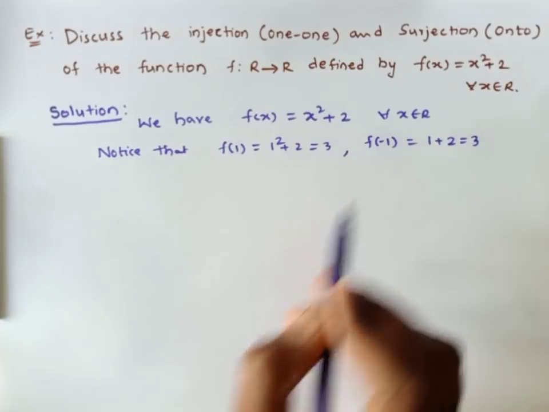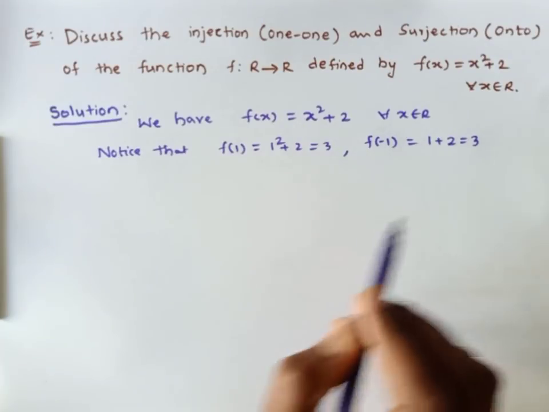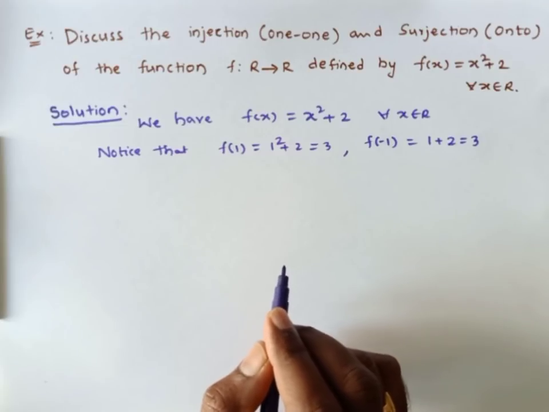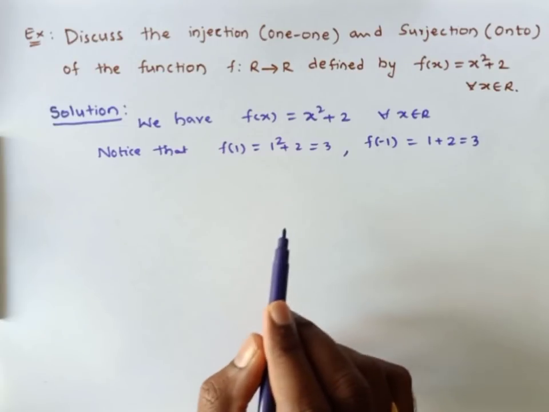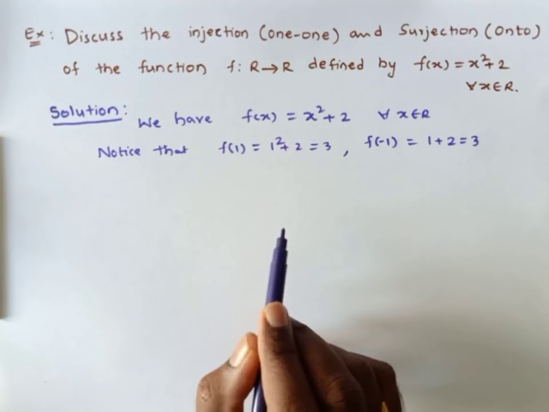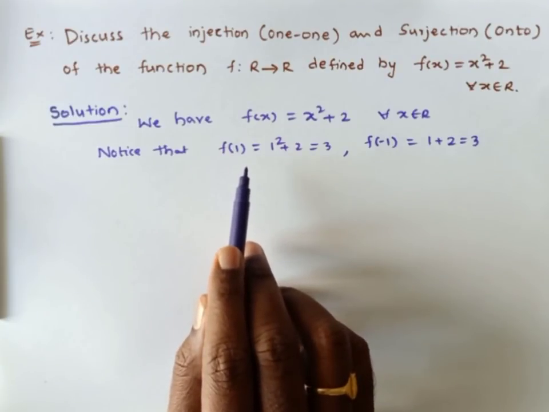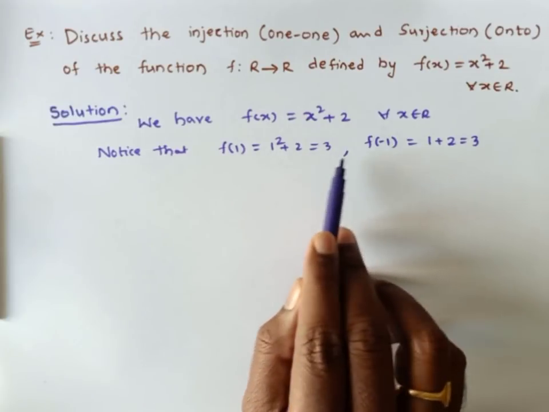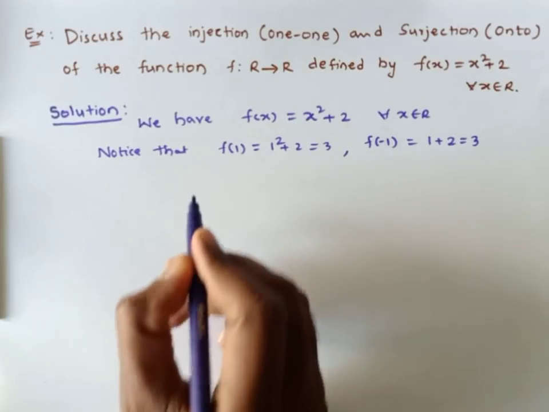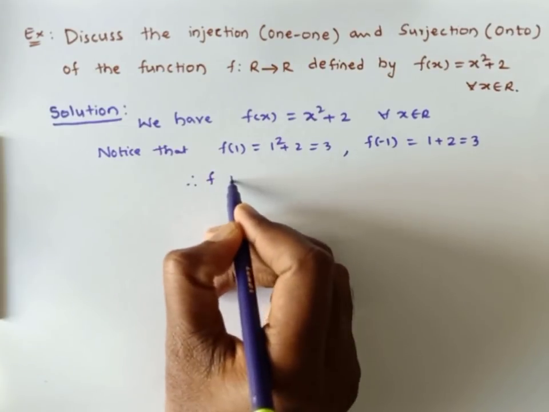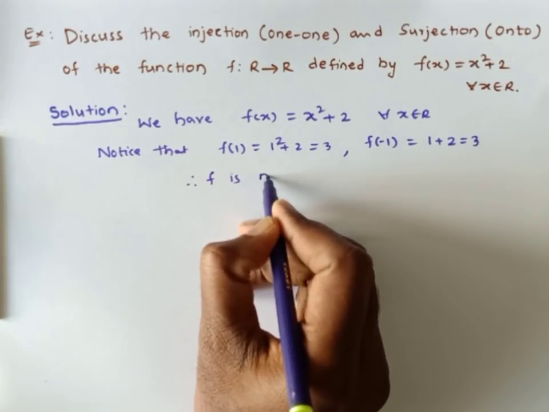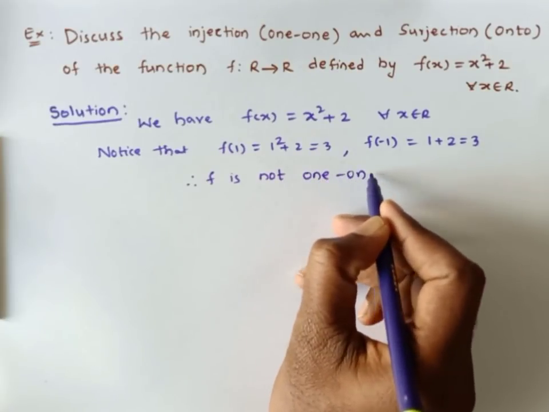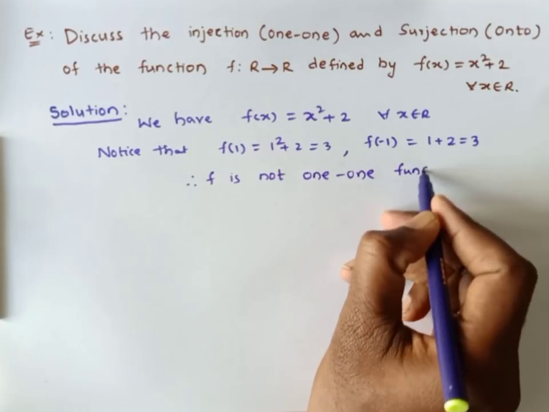Here 1 and minus 1 are different, but their images are the same. According to the definition of a one-one function, it does not satisfy the condition, because distinct elements should have distinct images, but here distinct elements have the same image. Therefore f is not a one-one function.